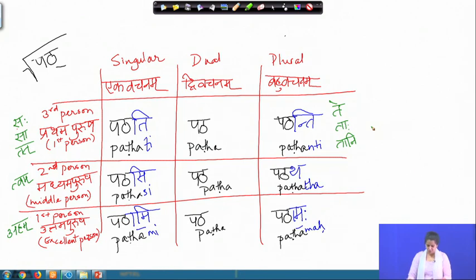And another one that we also need to include because we've looked at it earlier is, so these are the third persons, and we have the you formal, which is bhavantah and bhavatyah.